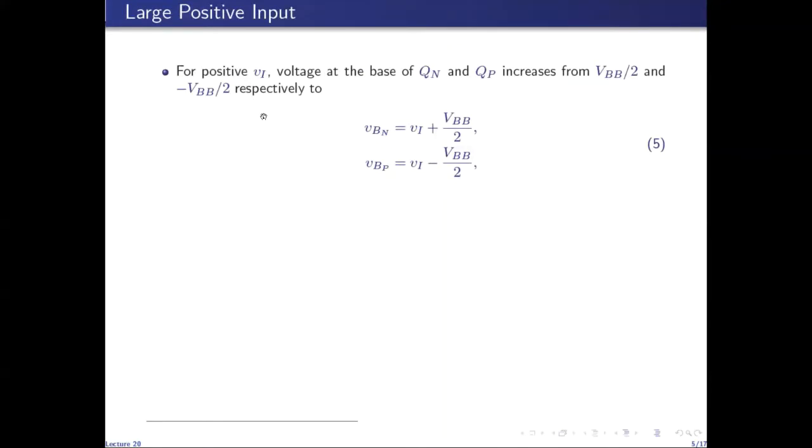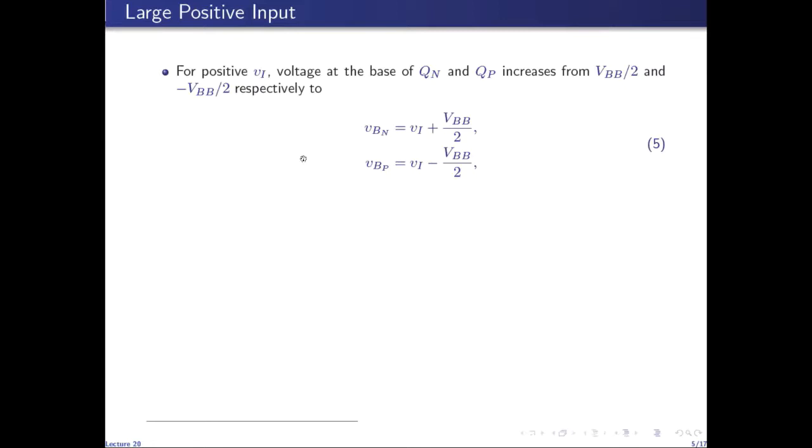When a positive voltage is applied at the base, right at the instant at which the positive voltage is applied, before there is a change in the conduction of the transistors, VL is still 0.